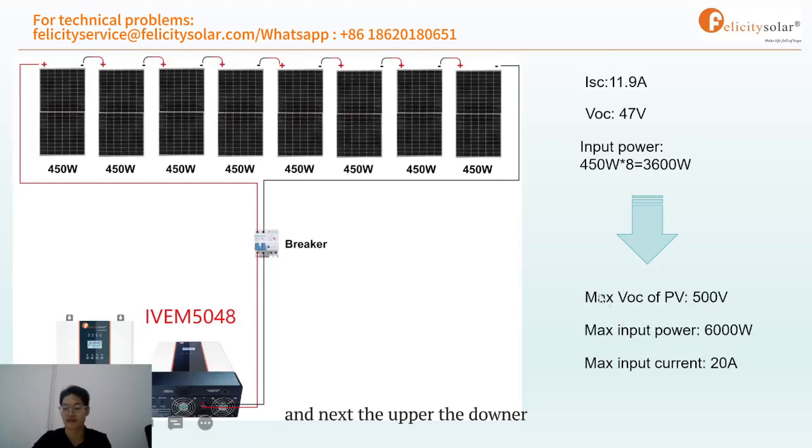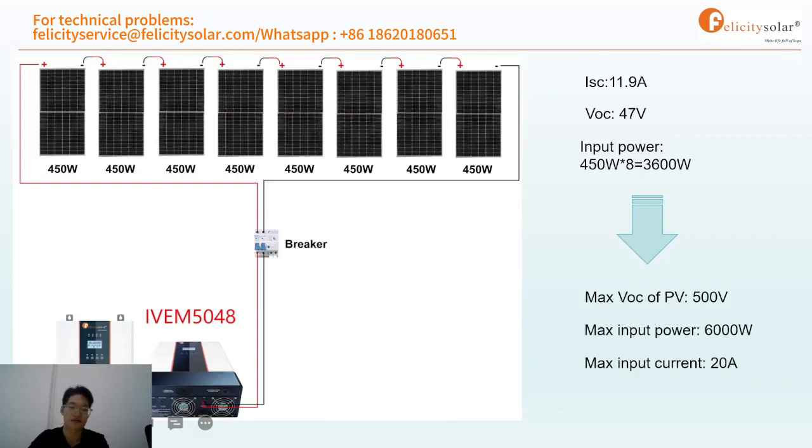And next, below is the data of the MPPT solar charge controller of the IVEM 5048. You can see the maximum VOC of PV is 500, the maximum input power is 6,000, and the maximum input current is 20 ampere.